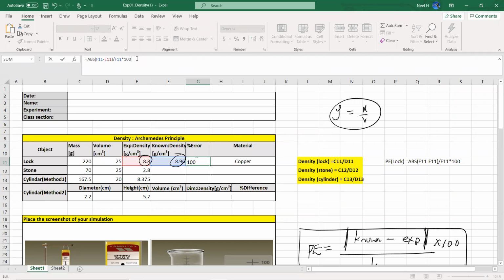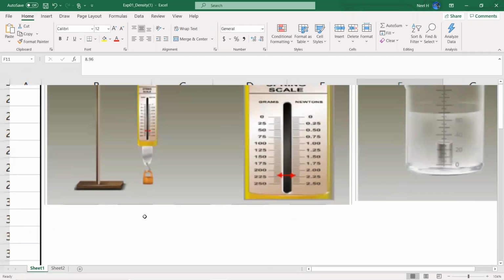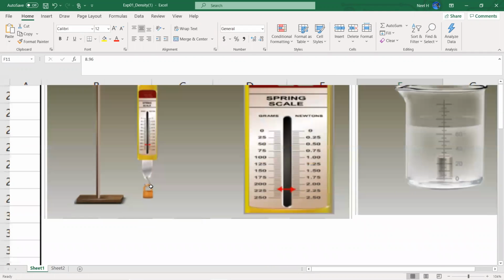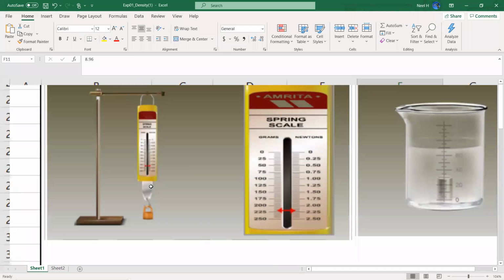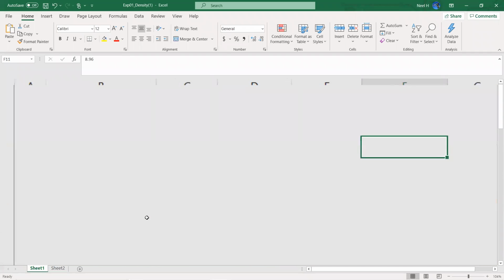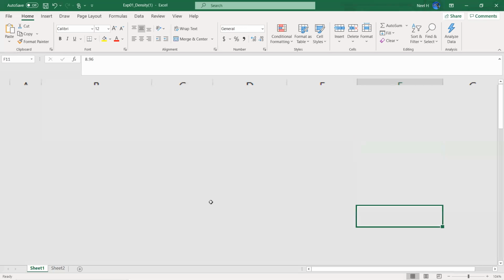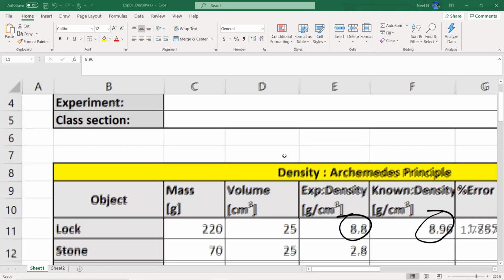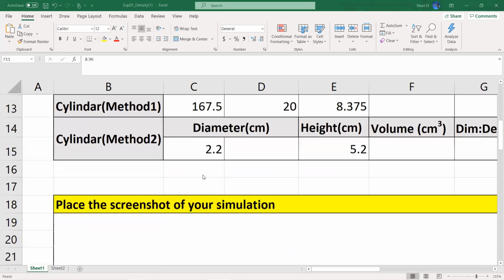Professor, what's the point between experiment density and known density? Known density is what we're trying to use in this experiment to identify what material this padlock is made of. Otherwise, you have an object and you don't know what it is. Even if you calculate, we're not sure what it is. That's why we need to go to the table and look at the known value. Then we can confirm the material of the object.